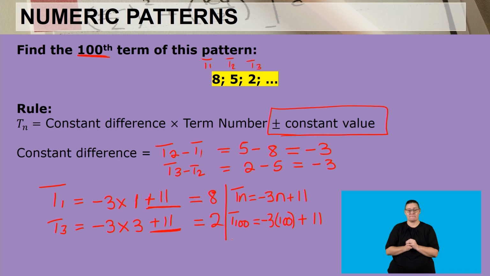So what is negative 3 multiplied by 100? Yes, that is going to give us a negative 300. And of course, when we add 11 onto that, the answer is going to be a negative 289. And that, of course, is the 100th term for this pattern.